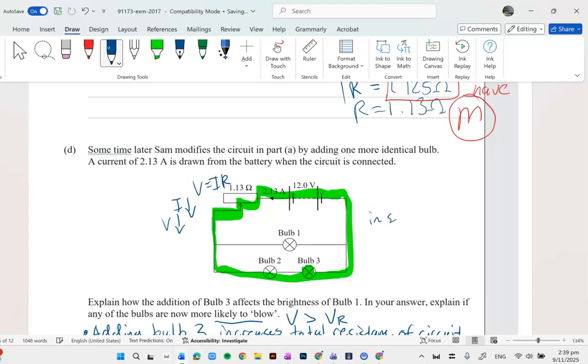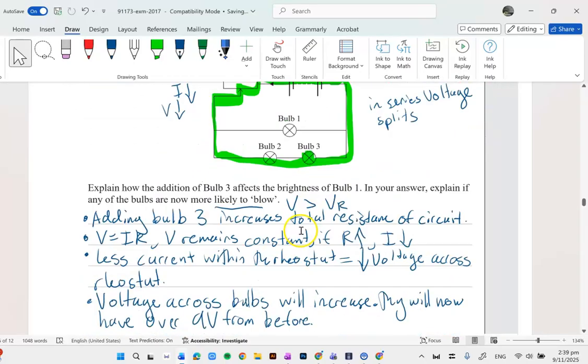So in series voltage splits, whereas in parallel they all have the same. So that means more voltage is going to be in bulb 1, so it's probably going to blow now, because it's more than what it had before.